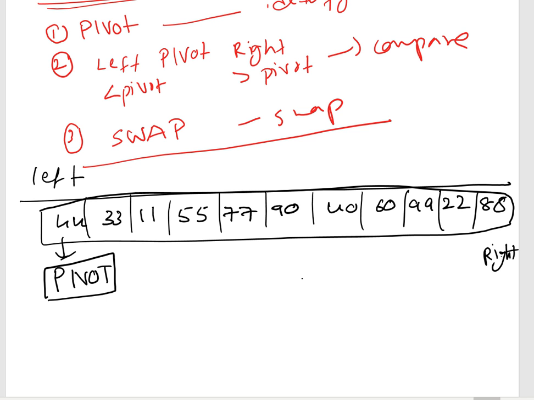First I am comparing 44 with 88. 88 is greater than 44, so no need to swap. Then 44 and 22. 22 is less than the pivot value, so it should be on the left side. So swap it out. After swapping, I am replacing the value 44 with 22, and the remaining values stay the same.